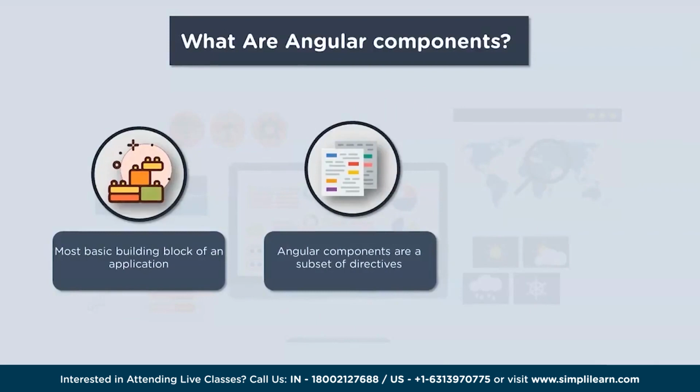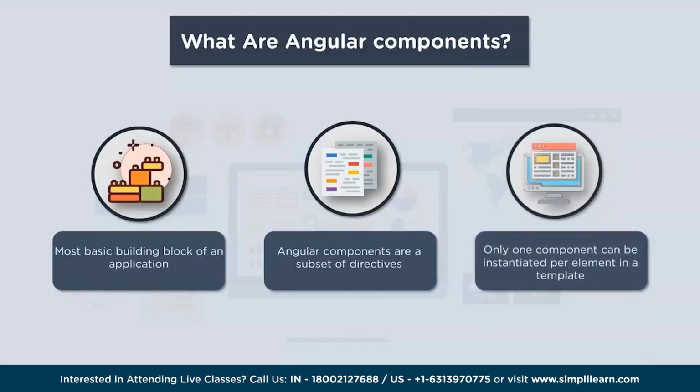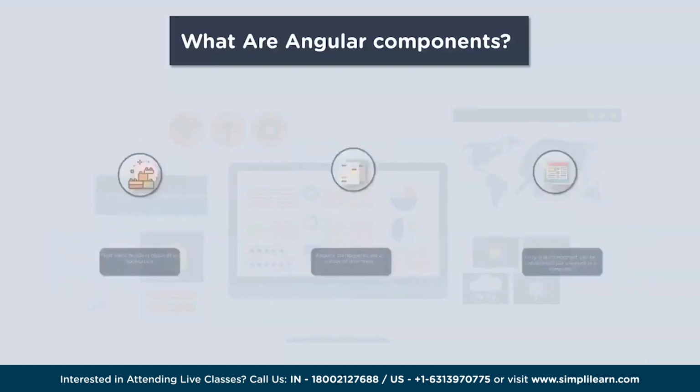Don't worry about what directives are because we'll cover them later on in the series, but to give you an idea, there are three types of directives: the structural directives, the attribute directives, and the component directives. Only one component can be instantiated per element in a template. Components are typically custom HTML elements, and each of these elements can instantiate only one component. Don't worry, you'll understand this better when I show you the demo.